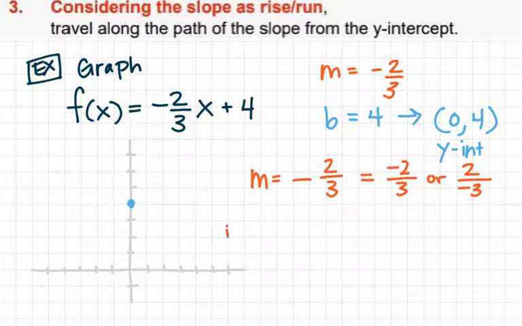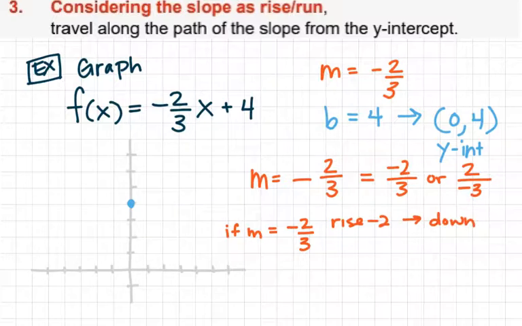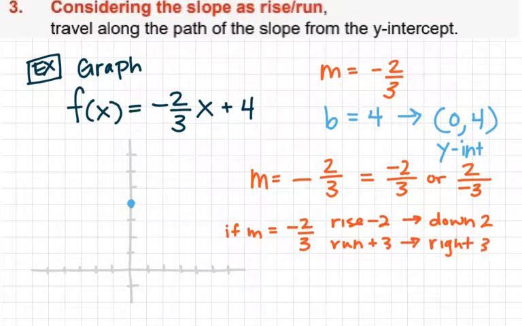If m is negative 2/3, that means we rise negative 2, or rather, we go down 2, and then we run positive 3, which gives us right 3. So down 2, right 3: 1, 2, 3. That takes us to this point right here.